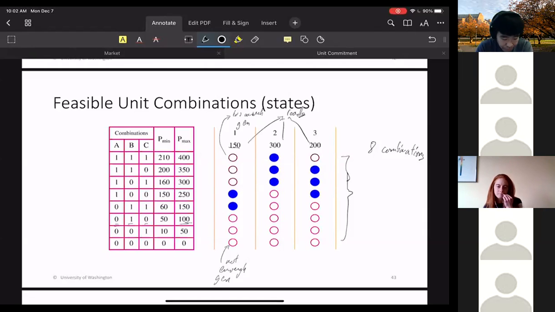For time period 1, only these 2 combinations are feasible. For time period 2, the top 3 combinations are feasible. For time period 3, the middle 3 combinations are feasible. These are the possibilities we can have.